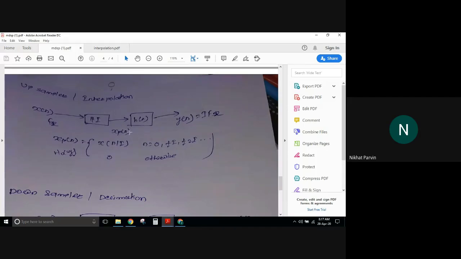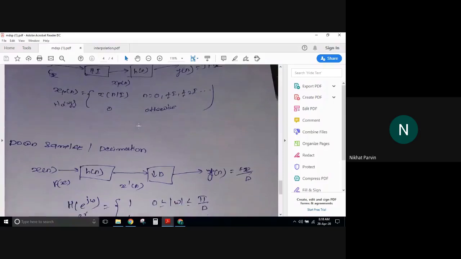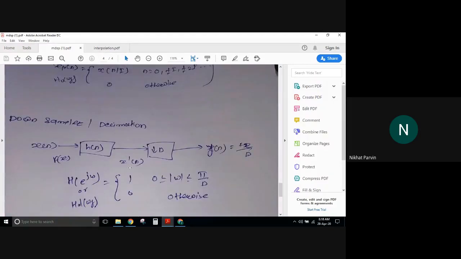That's why at the output of your upsampling, we are applying a low pass filter. Whereas in downsampling, you are going to decrease the number of samples. That means you are going to increase the spacing between two successive samples.